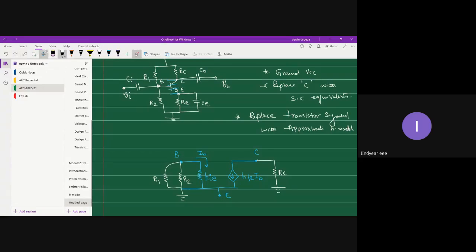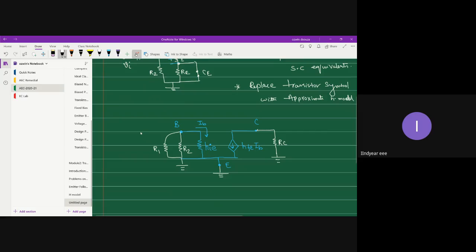Now, the emitter terminal will be at ground potential. That's because when you replace the capacitor with the short circuit equivalent, it short circuits resistor RE. Hence, your emitter will also be at ground potential. Okay, so that's your hybrid model.